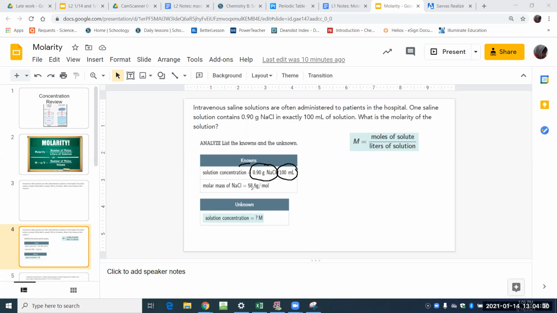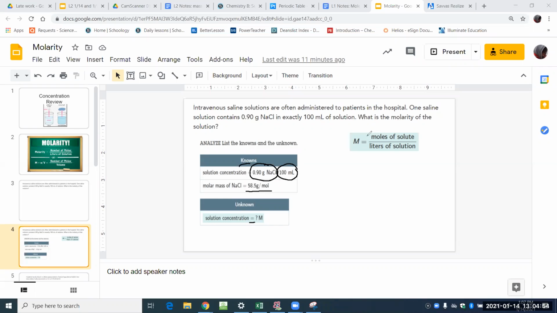We've done a lot of molar mass. You're just going to the periodic table and adding them up, but you get this number. So those are all your knowns. What is it that the problem is asking for? Well, the problem is asking for concentration, right? What is the molarity? Concentration, okay? What is the concentration of this solution? This is the formula that you need to use.